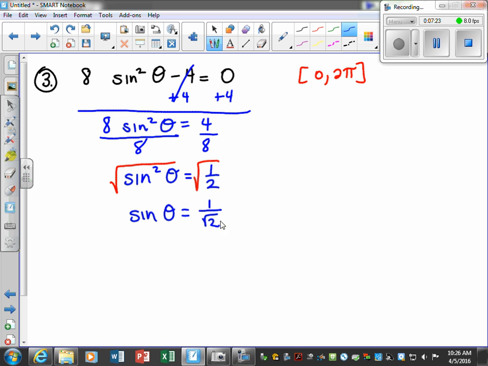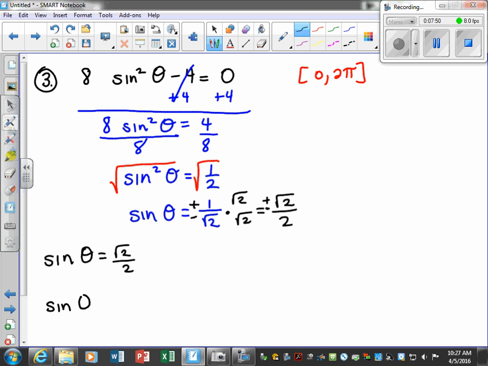Some unit circles have their values in this form, but we've practiced rationalizing this whole time, so let's multiply by the square root of 2 over the square root of 2, and that's the same thing as square root of 2 over 2. Now we must remember our plus or minus because we took the square root of each side. So it's similar to what we did a minute ago, but we want to know when the sine of theta is positive square root of 2 over 2, and we also want to know all the theta values when it's negative square root of 2 over 2.